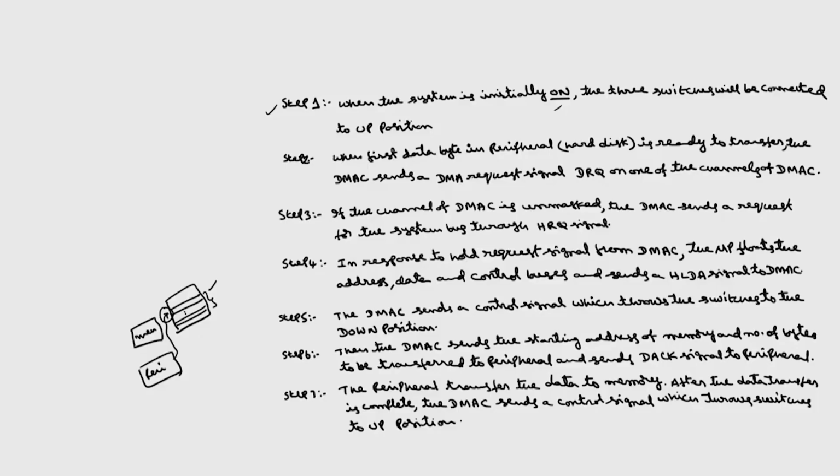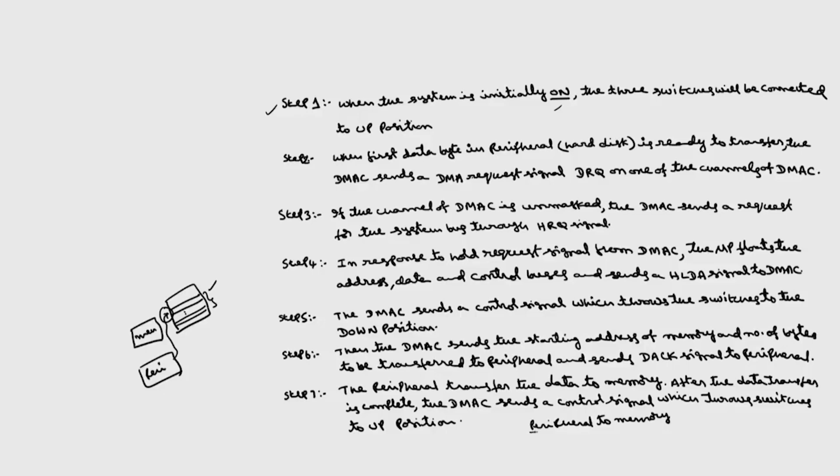So in case of peripheral to memory, you are reading the data from the peripheral, which is IO, and writing onto the memory. This DMA controller sends 2 signals. We know that totally we have 4 control signals: memory read, memory write, IO read, IO write.